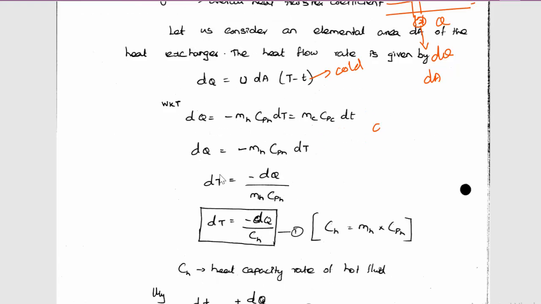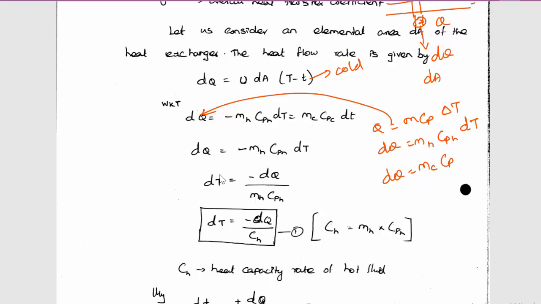We know the formula Q equal to m Cp del T. The same formula I am writing here, dq equal to mh into Cph into dT, considering the hot fluid. This T is the hot fluid temperature difference. Similarly dq equal to mc Cpc dt, with small t the cold fluid temperature.